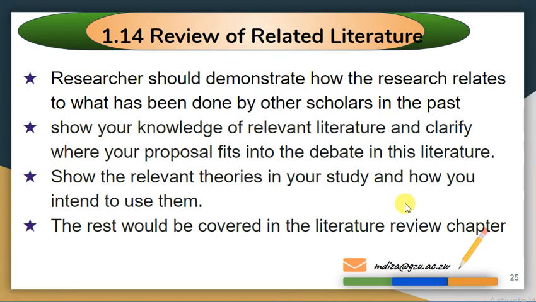So you look at and cite the work that has been done by other scholars and tell us how your research proposal fits into the debate. Show the relevant theories in your study and how you intend to use them. However, don't make this section too long because the rest of the literature review would be covered in a separate chapter.